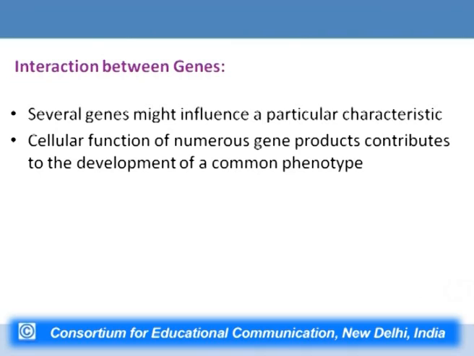Though they might not be directly leading to formation of the phenotype, the function of other gene products can contribute to a common phenotype, and therein lies the reason for the change in the normal Mendelian dihybrid ratio of 9:3:3:1.